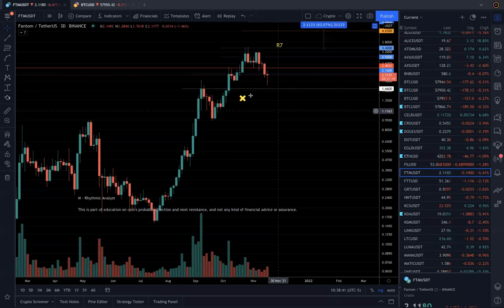FTM almost touched the support line. The bounce is good, but not high enough yet. It has to break above the red line, at least 2.4. I don't know why I drew the red line. I usually don't do that. Maybe I should remove it.